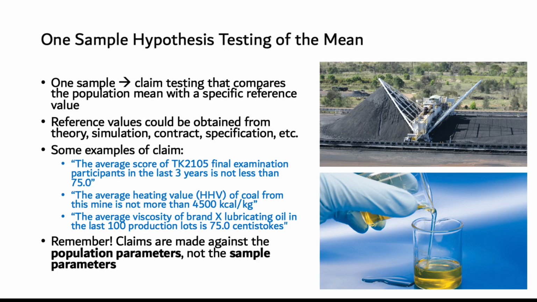Another example, the average heating value of coal from this mine is not more than 4,500 kilocalories per kilogram. Another example, the average viscosity of brand X lubricating oil in the last 100 production lots is 75 centistokes. Remember that the claims are made against the population parameters, not the sample parameters.